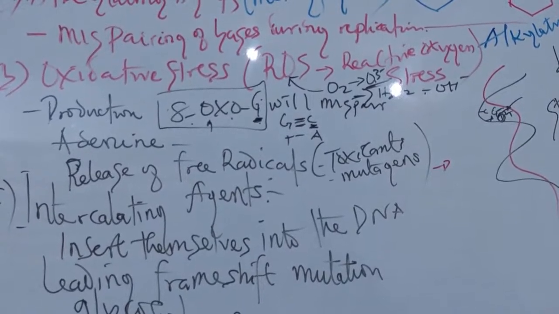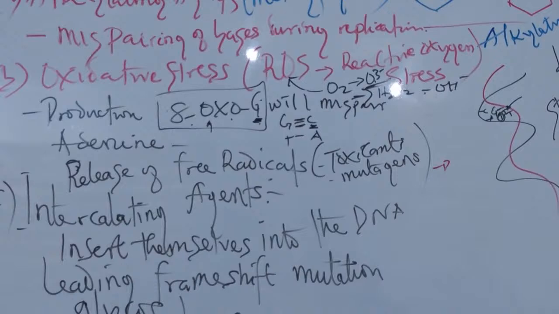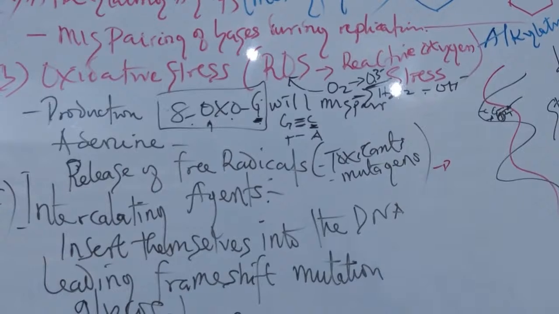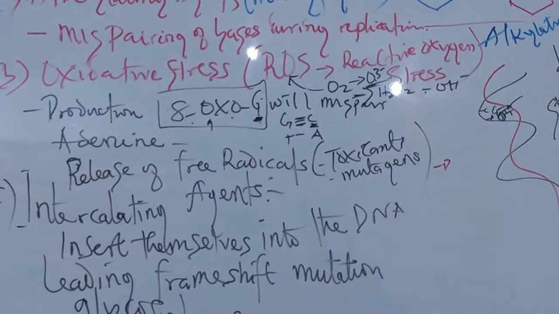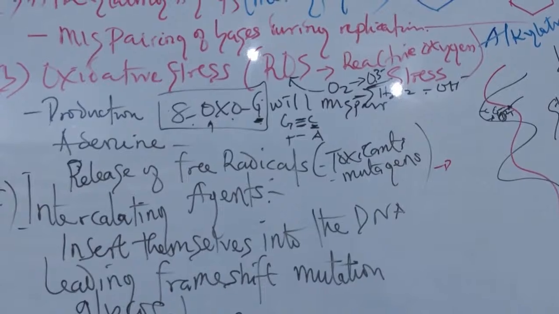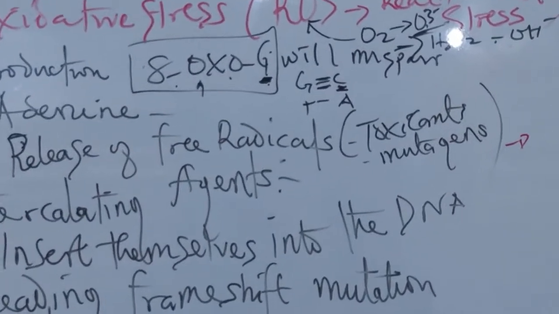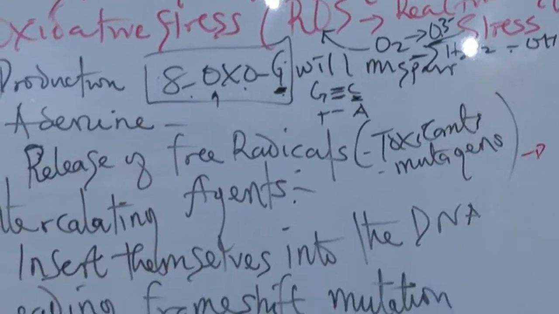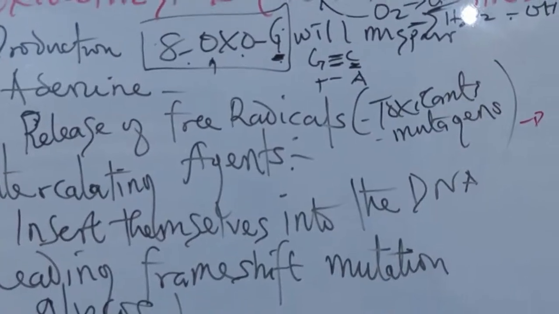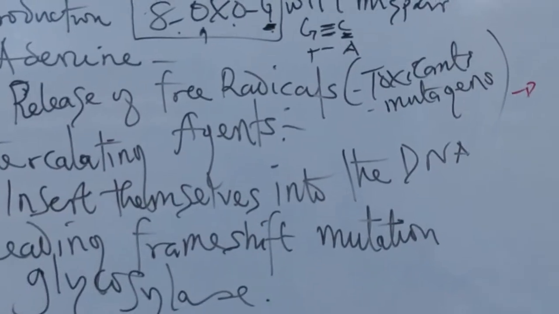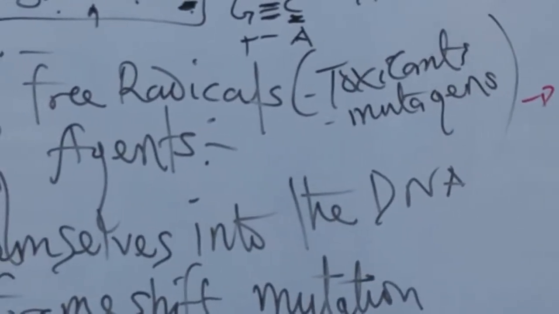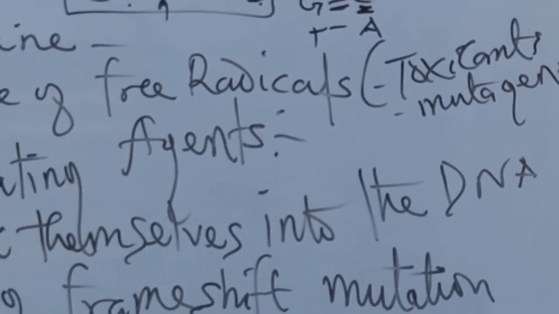So we look at some chemical compounds that will lead to the production of 8-oxo-G, and 8-oxo-G, instead of the guanine pairing with cytosine in the normal base pairing rule, is going to base pair with adenine, and thereby is going to release certain free radicals, and these radicals are known to be good toxicants as well as mutagens.